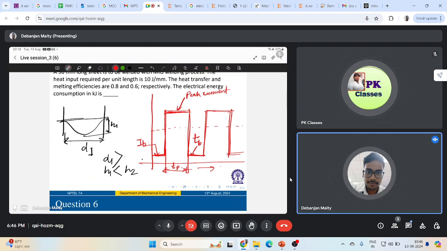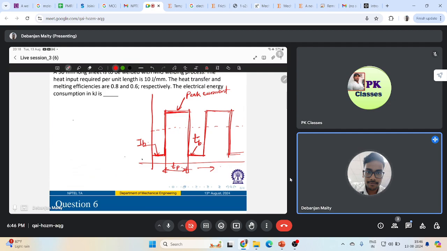So this is something on the pulsed process, pulsed GTAW. We were also talking about what next? Hot wire GTAW. What is there in hot wire GTAW? In hot wire GTAW, the main catch is you're using a filler wire.